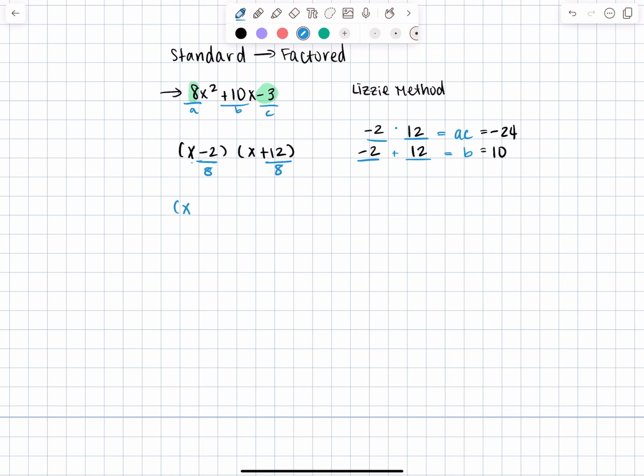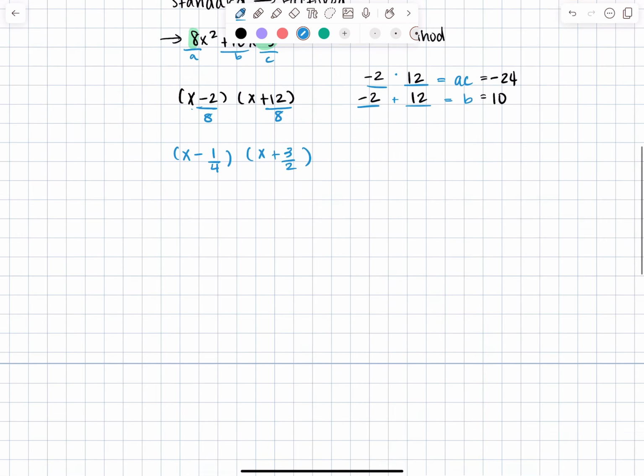So x minus 1 over 4, and this becomes x plus 3 over 2. Then we bring the bottoms up like we usually do. So the bottom comes here, 4x minus 1. Here the bottom comes up, so it becomes 2x plus 3.